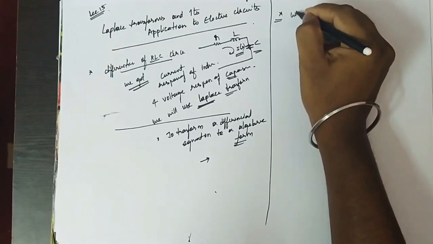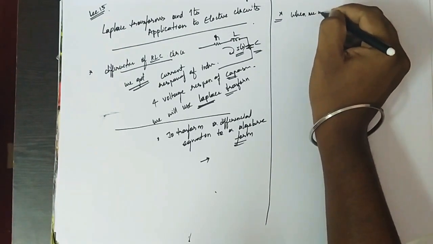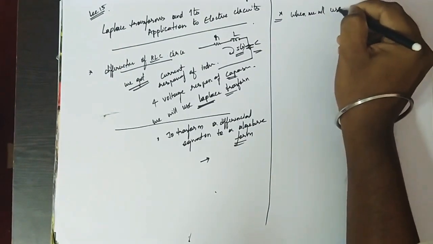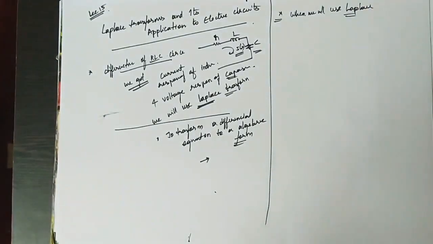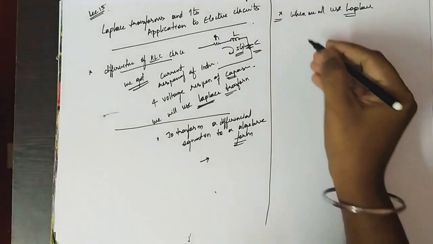So when do we use Laplace? Until now you are a bit familiar with the time domain concepts, finding differential equations and all. Now if the order increases to 2 or more, it will be difficult to find the differential equation.